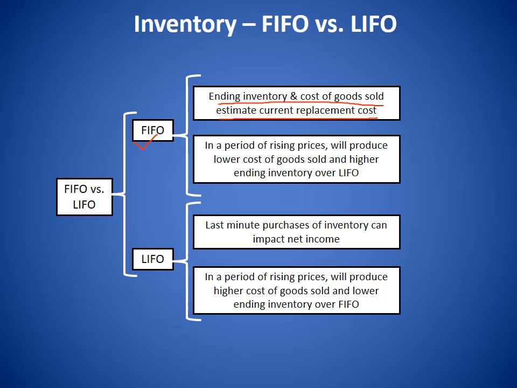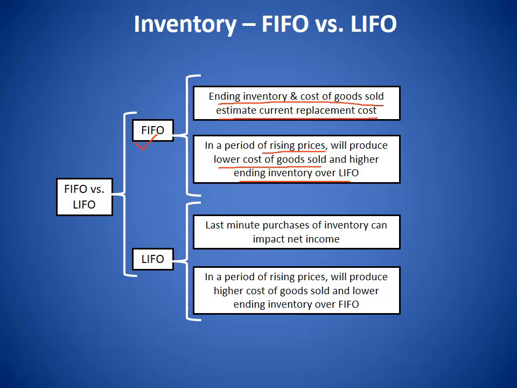Now with FIFO, in a period of rising prices, FIFO will produce a lower cost of goods sold and a higher ending inventory than LIFO. This is why FIFO is not as popular in inventory valuation as LIFO.